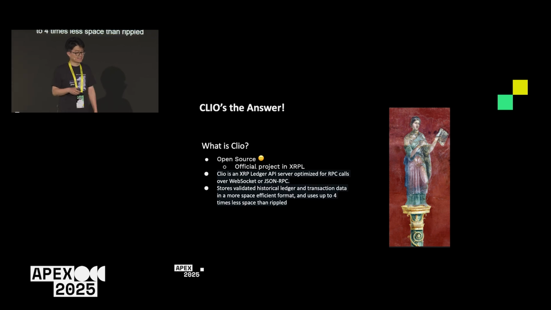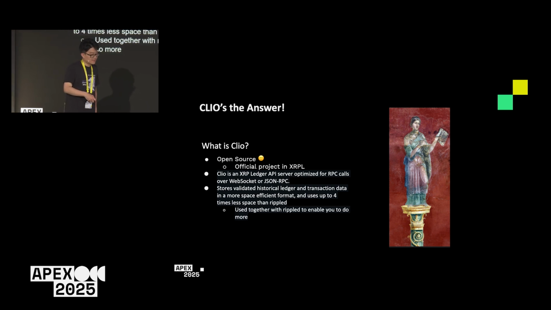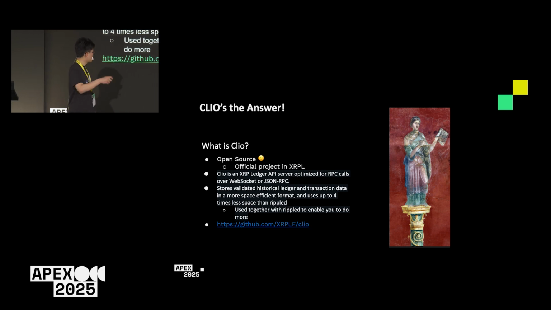And it stores validated historical ledger and transaction data. And it uses around 4 times less space than RippleD. Clio is meant to be used together with RippleD, and if you use it, you honestly are able to do more and just answer more questions. And by the way, I included the public link, so I suggest everyone check it out if you're interested.